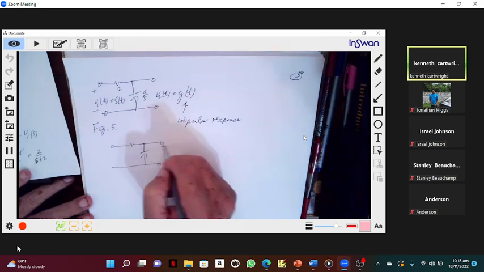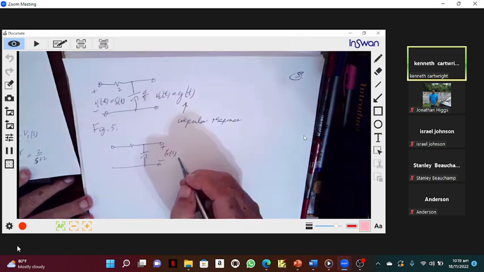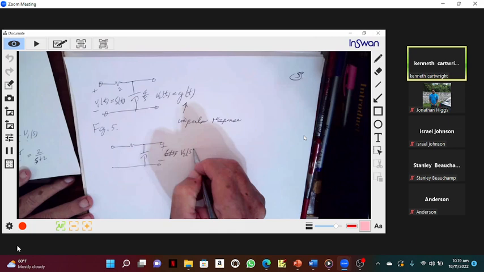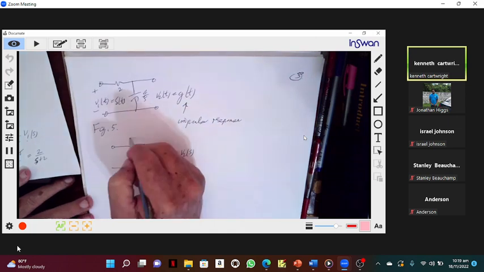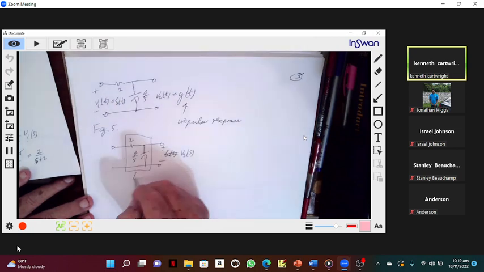That becomes g of s. On the output, let me just put V2 of s. This is 2, and this is 4 over s, and we already found out that this was g of s.